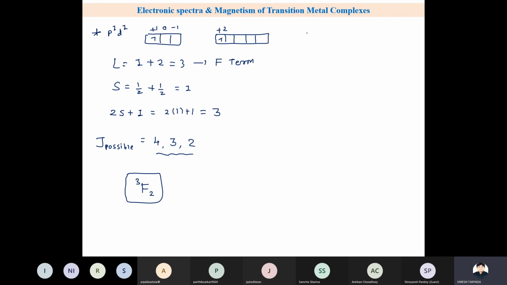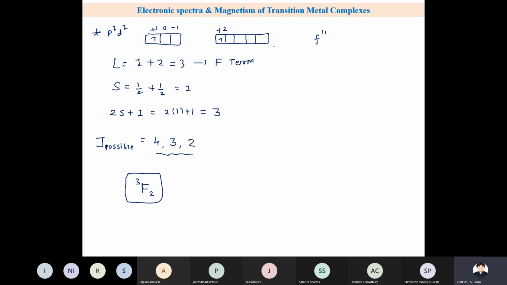You can try F11 at your convenience. Term symbol for F11. So up to here, these are the term symbols for different free ions as well as for complexes that we have written. That is simply possible using various couplings: SS coupling, LL coupling and LS coupling. In this way you can write its term symbol.